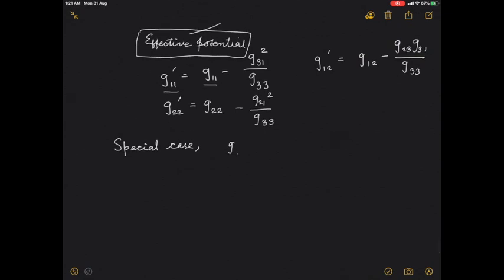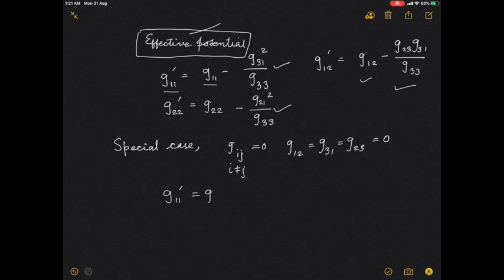So if those terms are absent, which means that all gij for i not equal to j are 0, which makes g12, g31 and g23 all 0, then you see this term goes away, this term goes away, and both of these terms go away. Then I just have g11 prime same as g11, g22 prime same as g22.